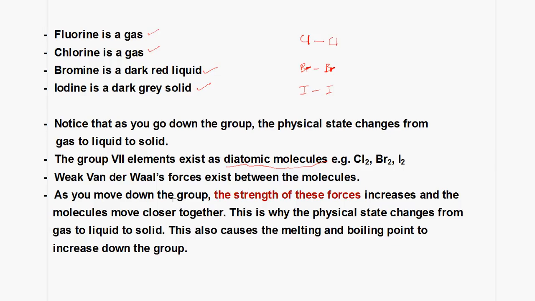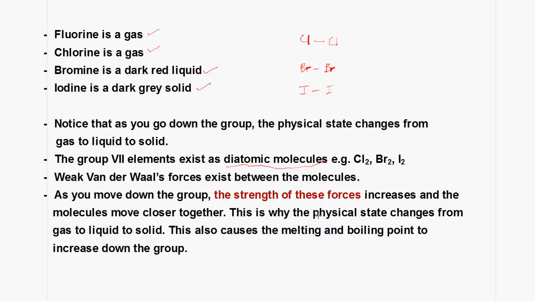Now, because they exist as diatomic molecules, it means that between these molecules we will have some form of attraction. Now, this force of attraction between the diatomic molecules is very weak, and they are called van der Waals forces. Now, as you move down the group, the strength of these forces increases.